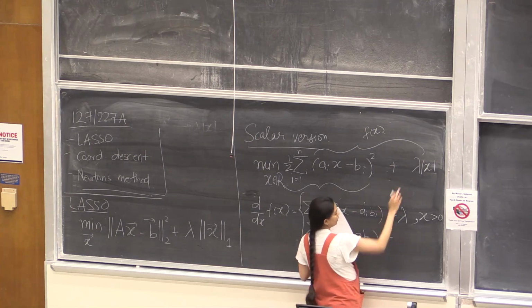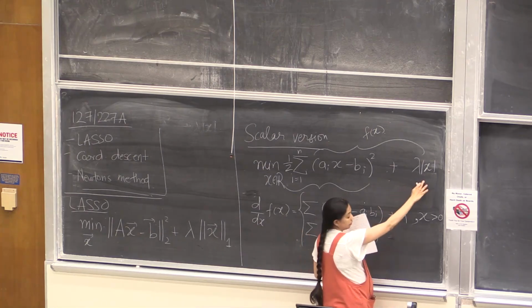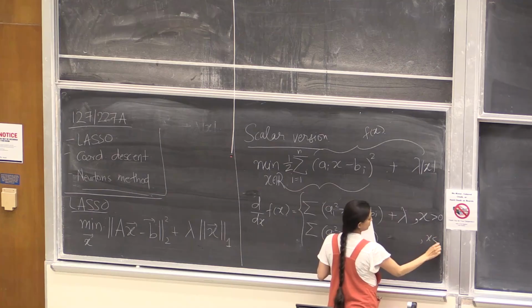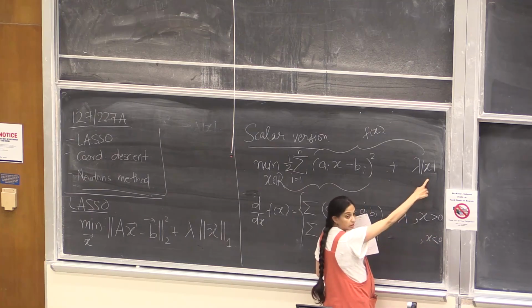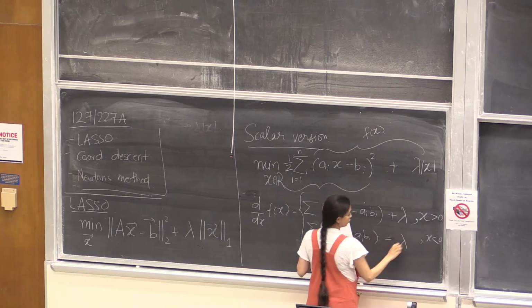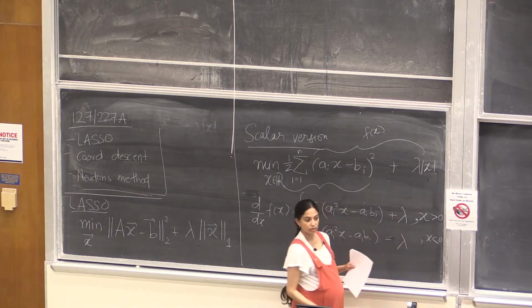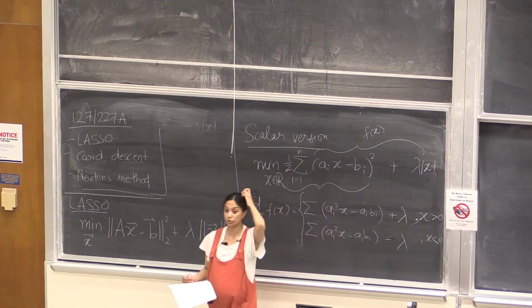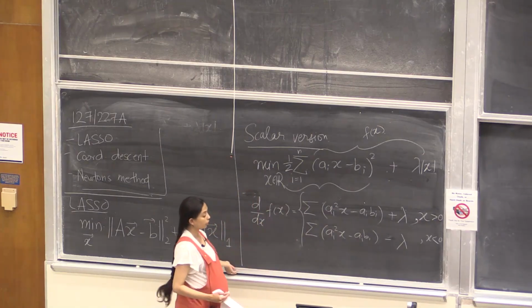Except now what do I write here? If x is less than 0, what is the gradient of this thing? Shout it out. Negative 1 or negative lambda, right? Because absolute value of x is negative x when x is negative. Okay?